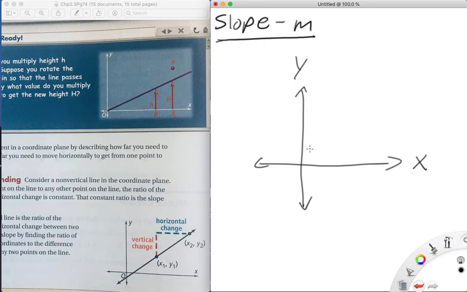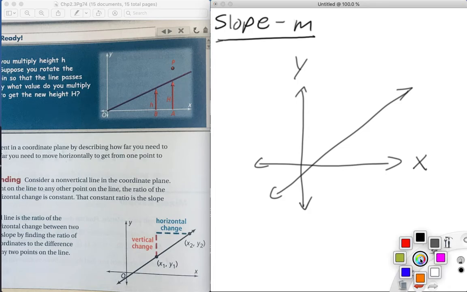And when we have a line, the slope is the vertical change. I'm going to write the triangle symbol, that means change, is the vertical change in y as the line changes with x, the horizontal change.